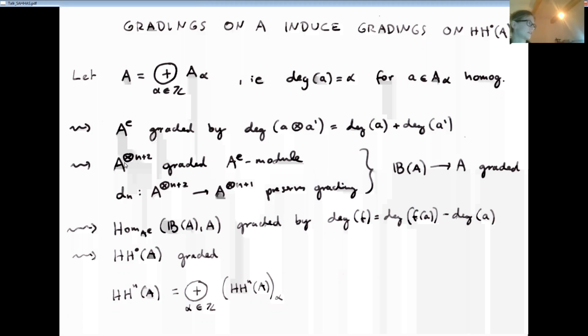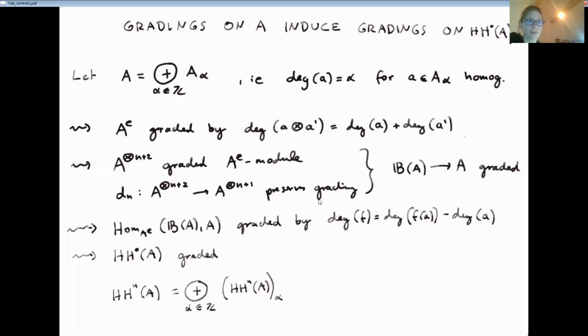And similarly, also all the other components of the bar complex carry a grading, and they are graded as A^e modules. The differentials preserve the degrees as they never change somehow the occurrence of these monomial factors a_i.